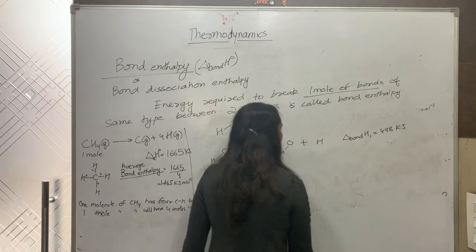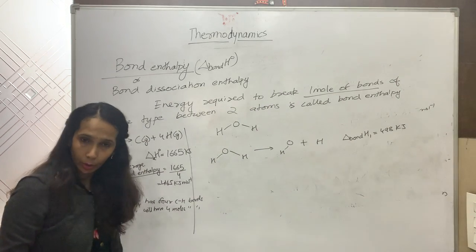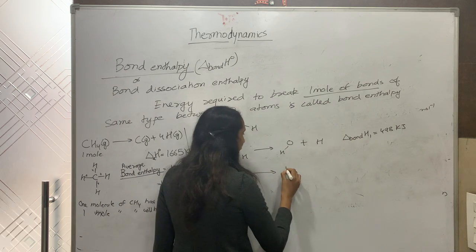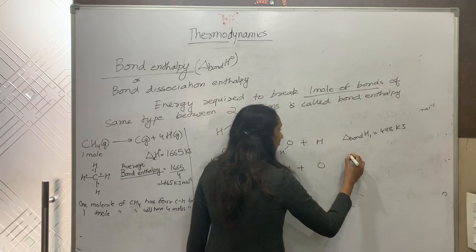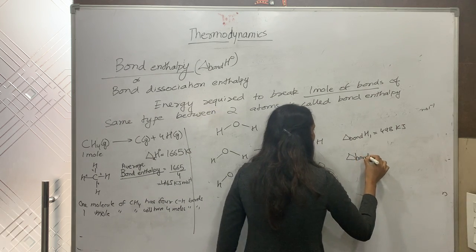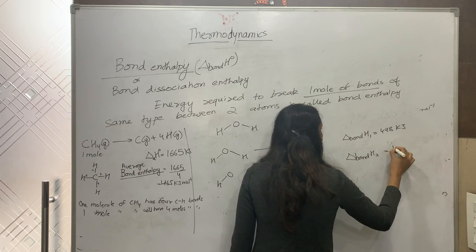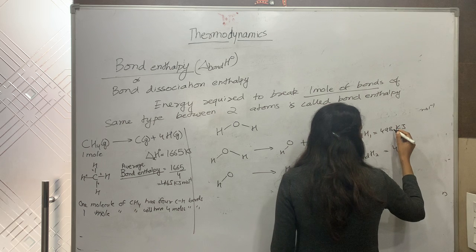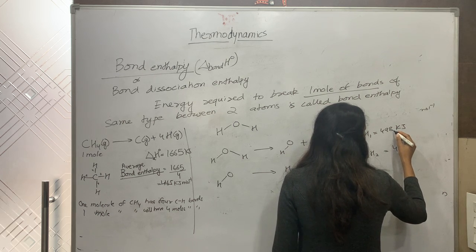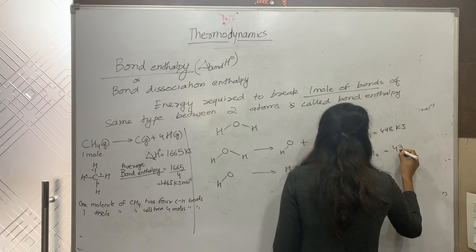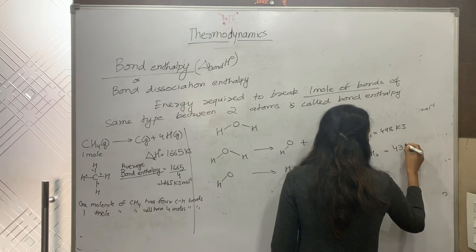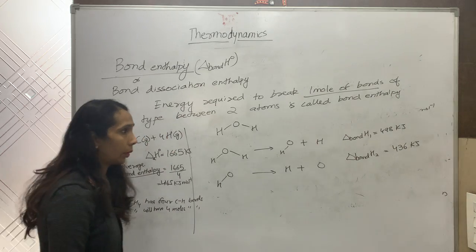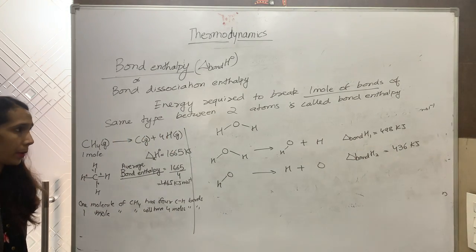Right? Now the second bond, OH, will break into H plus O. The bond enthalpy for this will be approximately 436 kilojoules.